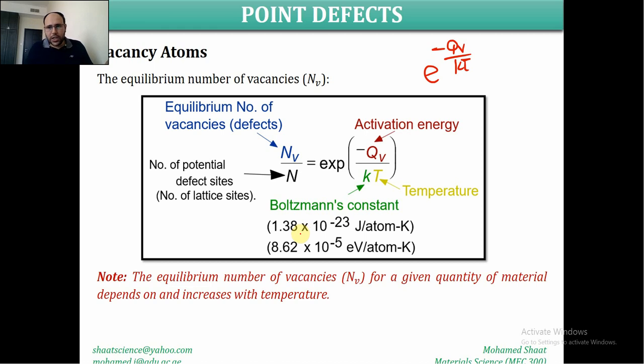What is the activation energy? Just to understand it, the activation energy is the amount of energy that we have to give to this material to remove an atom. But the question is, how can we remove an atom? As we discussed in chapter 2 or even chapter 3, you should have one atom here, another atom there, and another atom in the middle, with some atoms surrounding it, right?